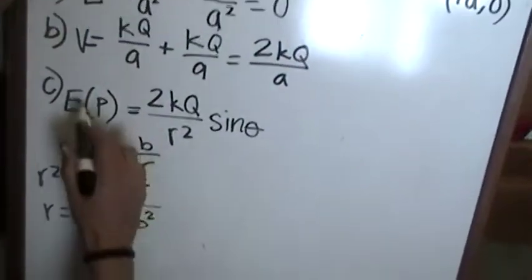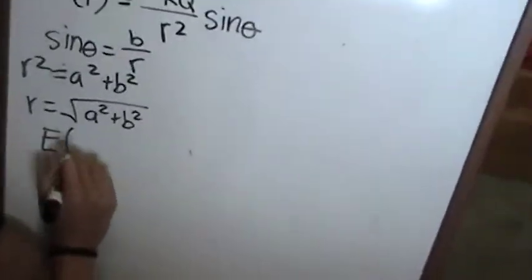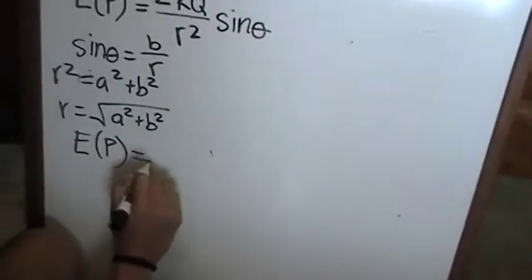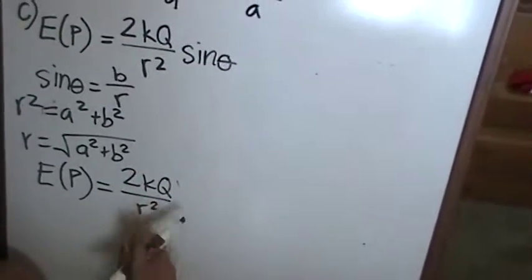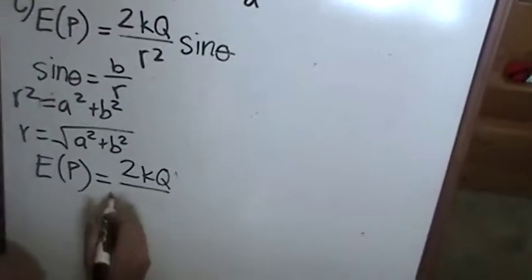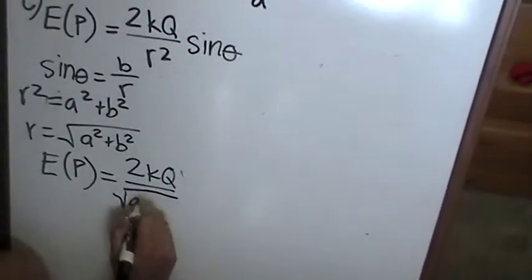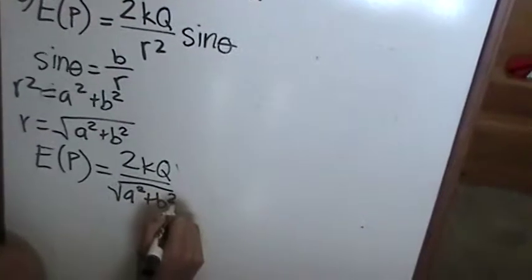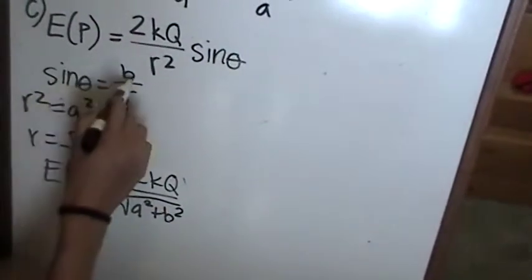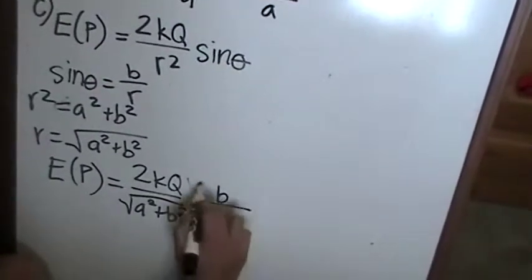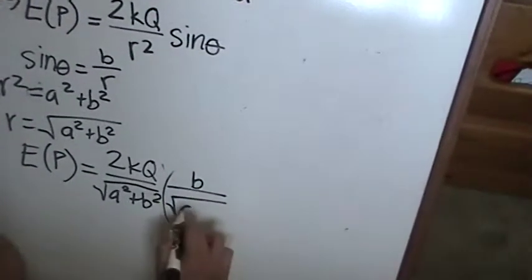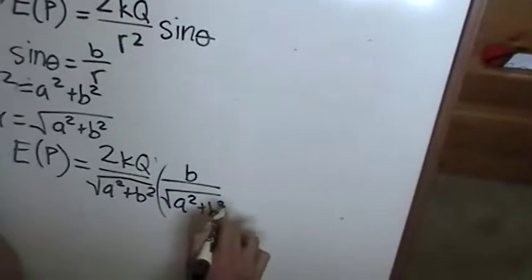So then the electric field at point P equals 2KQ over R squared, where R is the square root of A squared plus B squared, and then sine theta, we decided, times B over the square root of A squared plus B squared.